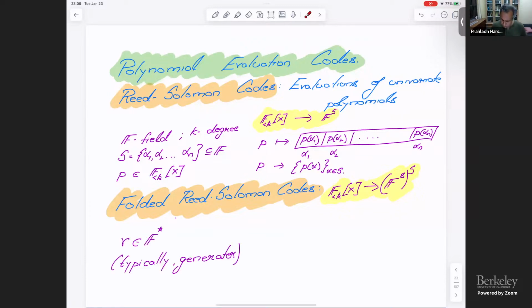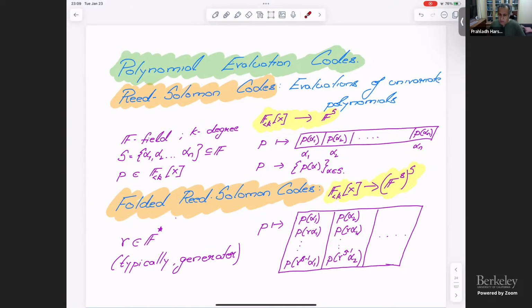And what was the way of bundling up the evaluation points? We'll have the usual Reed-Solomon code setting: a field, a degree parameter, and a set of evaluation points. In addition, we'll have some element gamma from F star. Typically, it's a generator of the field, but usually gamma is just some element of higher order.